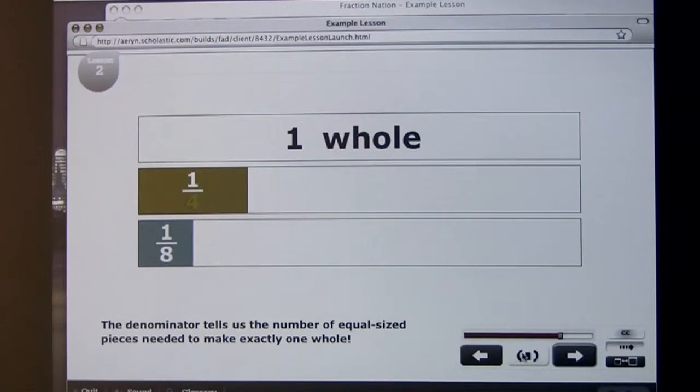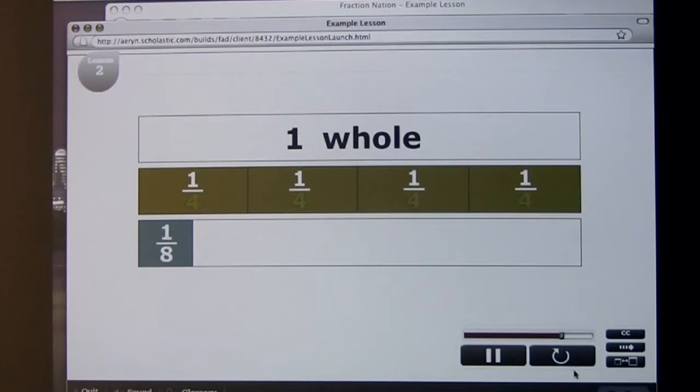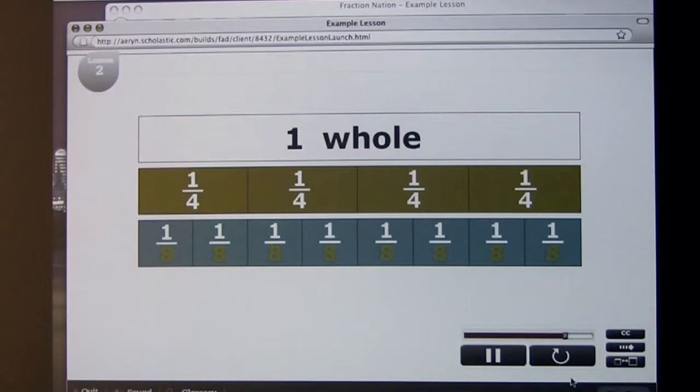And there's instant replay on that. And then you can return to the full play mode. 4 1/4s make a whole. And 8 1/8s create exactly one whole.